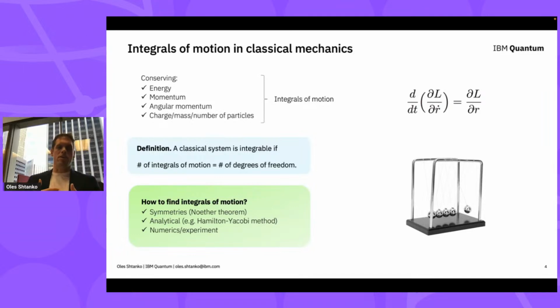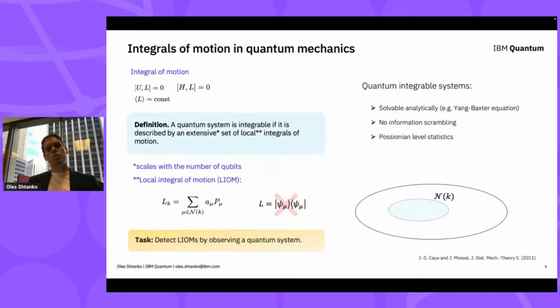You can find a lot of things without writing equations. And therefore, integrals of motion are very valuable. And in classical mechanics, there are a number of ways you can use to find them, from analytical to numerical.